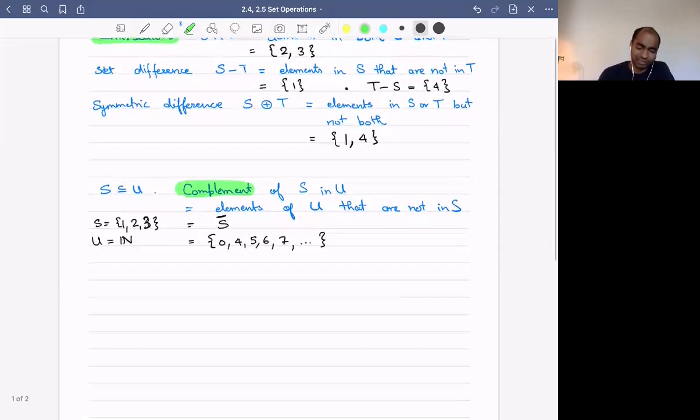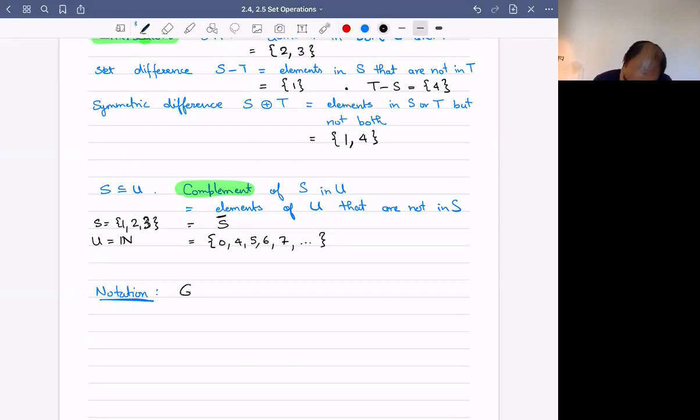Now just one notational thing. There is a way to write unions of multiple sets. So suppose I am given n sets, S1, S2, up to Sn.